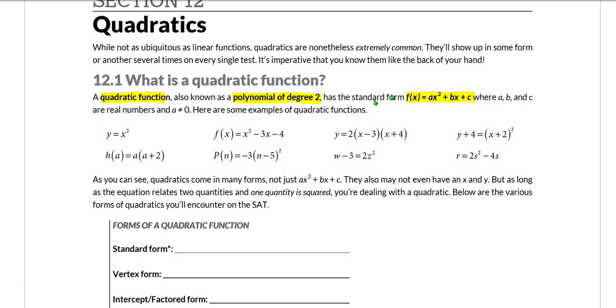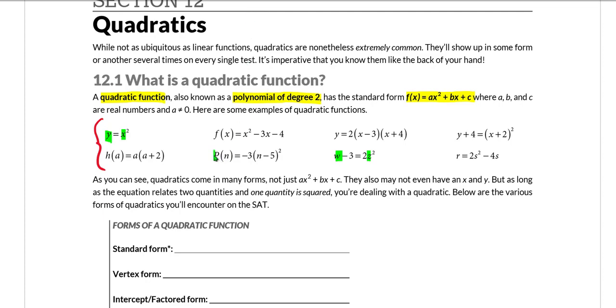However, keep in mind that quadratics come in many different sizes and shapes. All of these equations, in fact, represent quadratic functions, quadratic relationships. In all of these, you will notice that you have two variables. So for instance, you've got a y and an x here. Here you've got a w and a z.